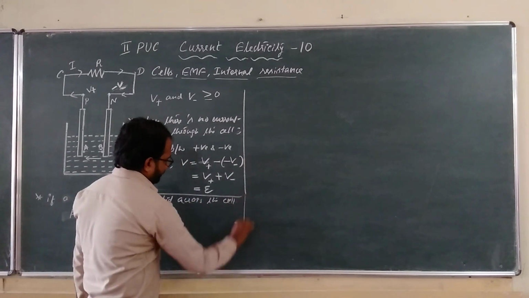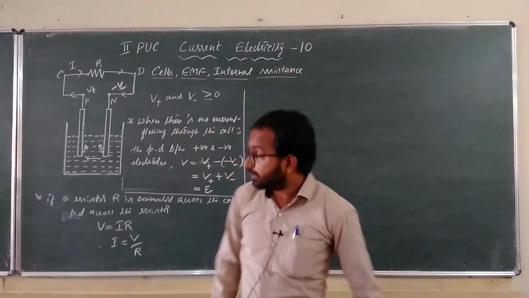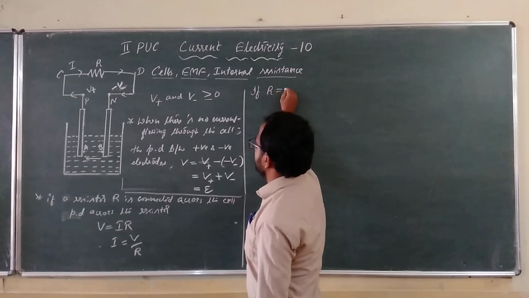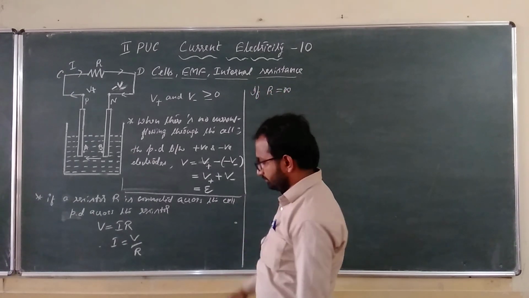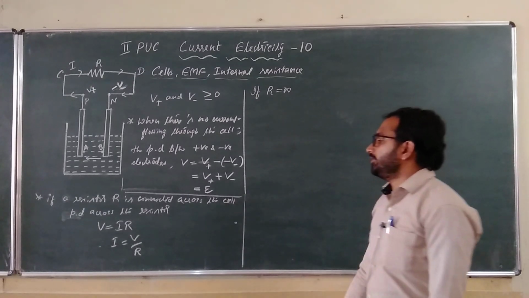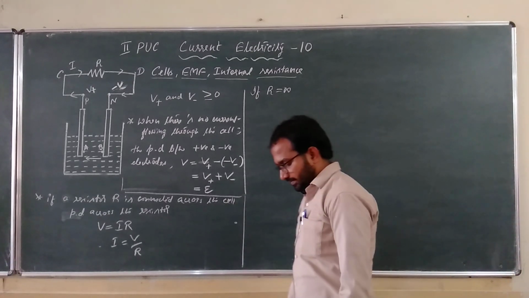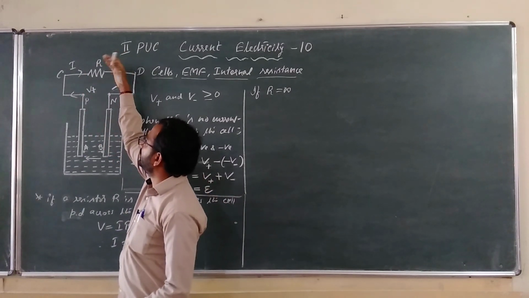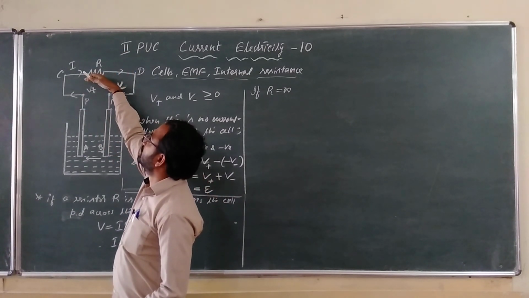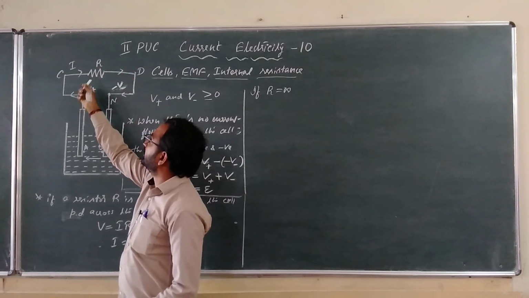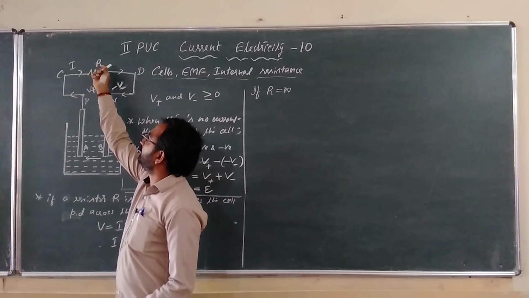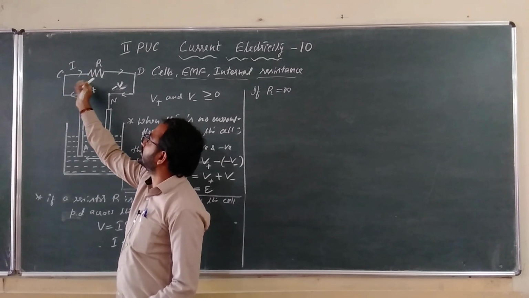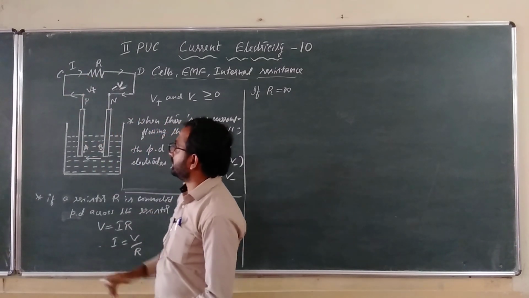Now if R is infinite, what does it mean? It means the resistance connected across the cell is infinity, or it is now open circuited, right? Infinite resistance means the cell is now in open circuit.